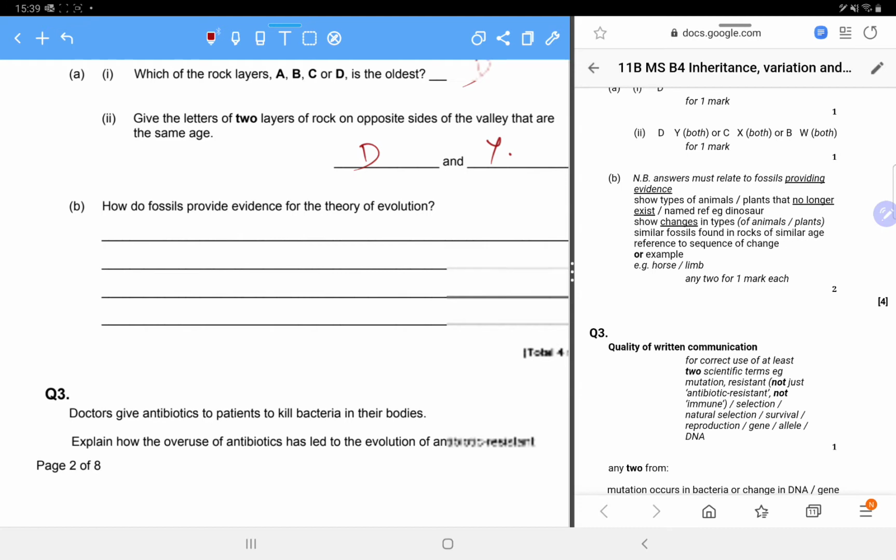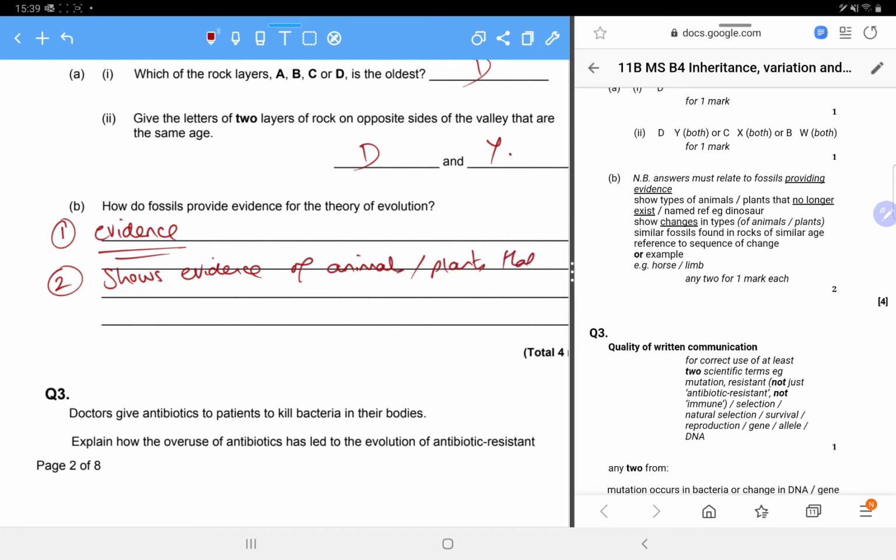Okay, so the first thing is, one, we need to talk about evidence. Okay, you've got to get evidence into your answer. Okay, and two, anything underlined in the mark scheme is a must. You've got to say that it shows evidence of animals or plants that no longer exist. Okay.